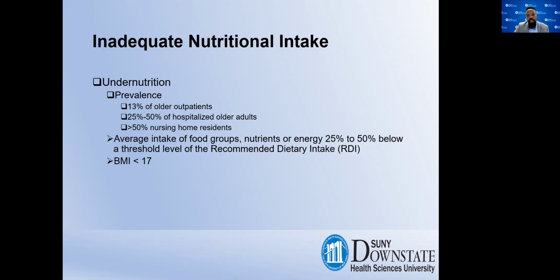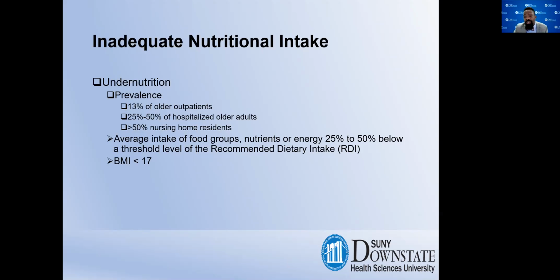In terms of undernutrition and some of the epidemiology, the prevalence of undernutrition in older adults, outpatient, is as high as 13%, right? And when you switch that cohort to hospitalized patients or patients in an acute care setting, the prevalence of undernutrition ranges from 25 to 50%.